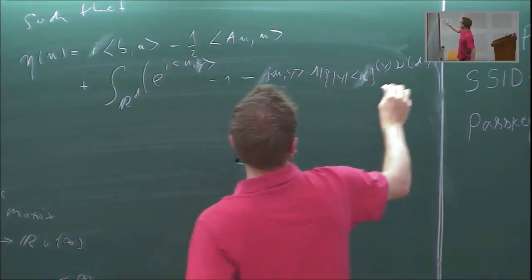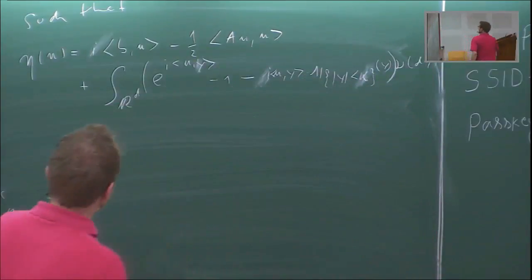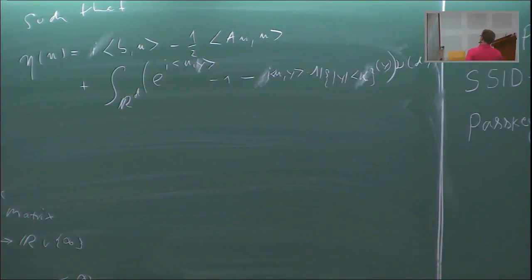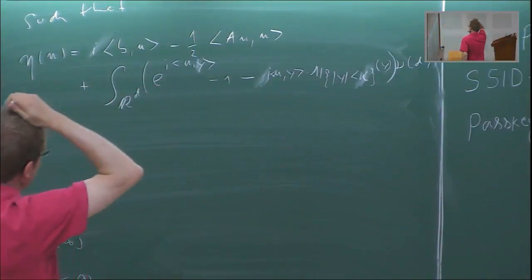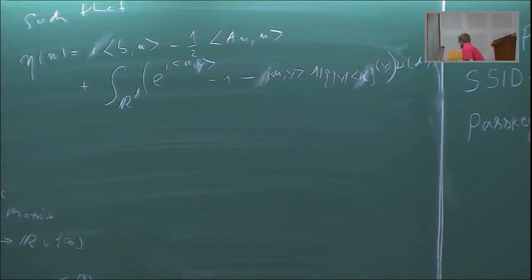So this is the characterization of infinite divisibility. So far we have seen that examples of this imply infinite divisibility, but the way back actually includes a little bit more. So what actually does this mean?